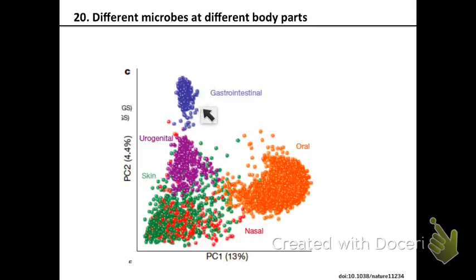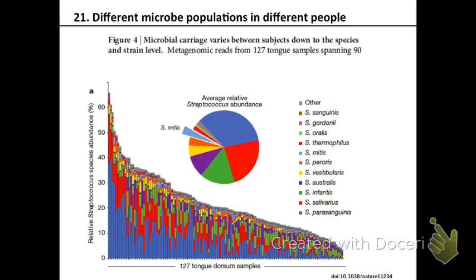So these samples were collected from gastrointestinal samples, the greens were skin samples, the red was nasal samples, and the orange was oral samples, etc. And what you can see immediately from this data is that at our different body parts, we contain different sets of microbes, right? So the sets of microbes in the oral samples were different from the sets of microbes in the gastrointestinal samples. Does this make sense? Clustering makes sense? Okay.